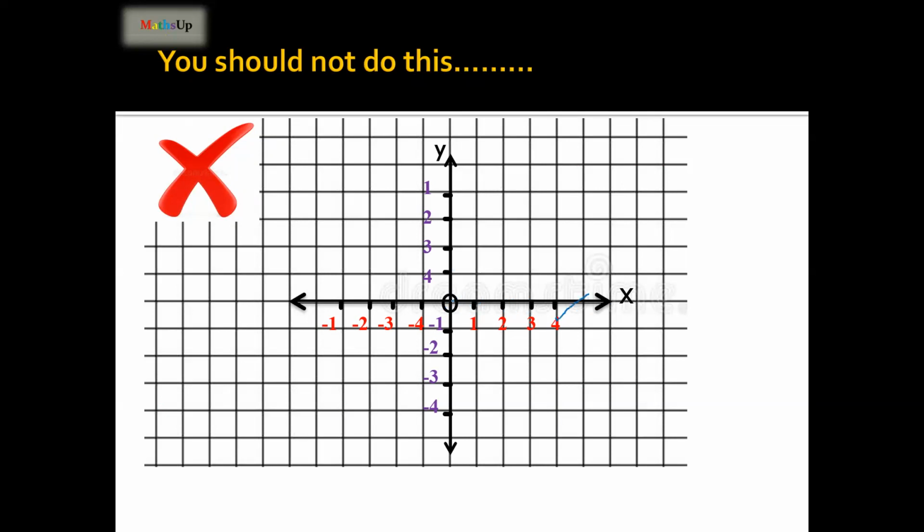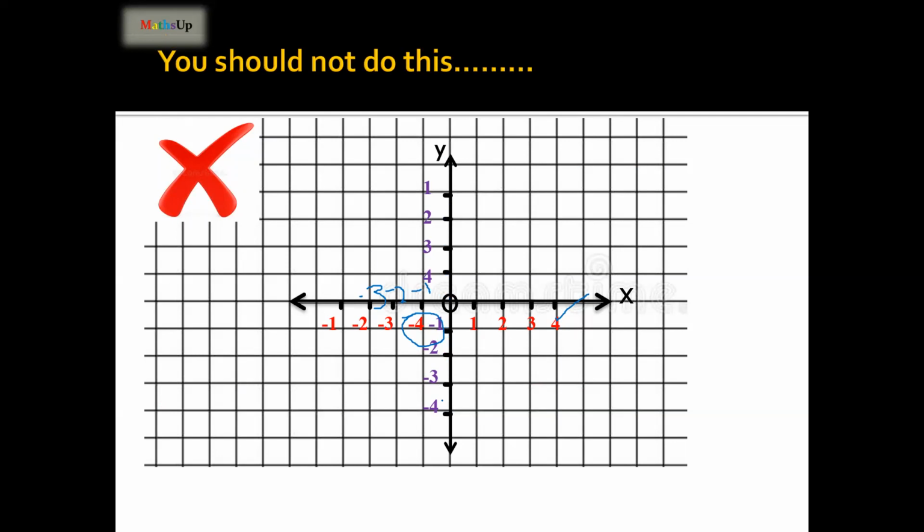But if you take the negative side of the x-axis, you can see after 0, it has written -4. It is not correct. After 0, it should come -1, then -2, then -3. Likewise, it should go.